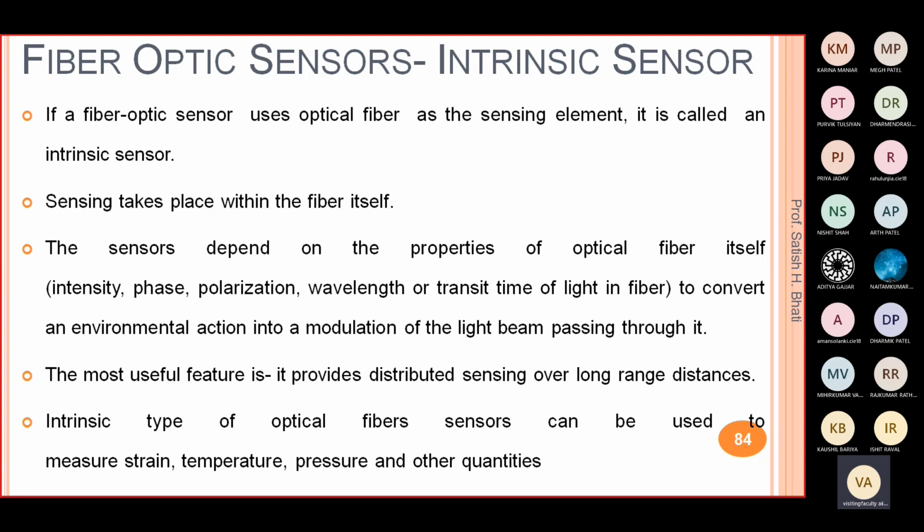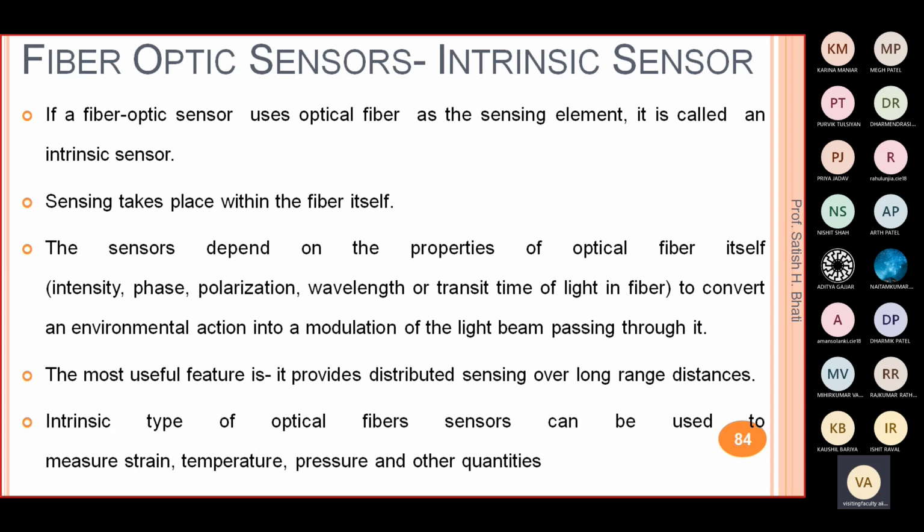And what the sensor will do is convert these parameters, intensity, phase, polarization, etc., from an environmental action into a modulation of the light beam passing through it. So they will change the parameter of light which is passing through the optical fiber, based on the environmental action.